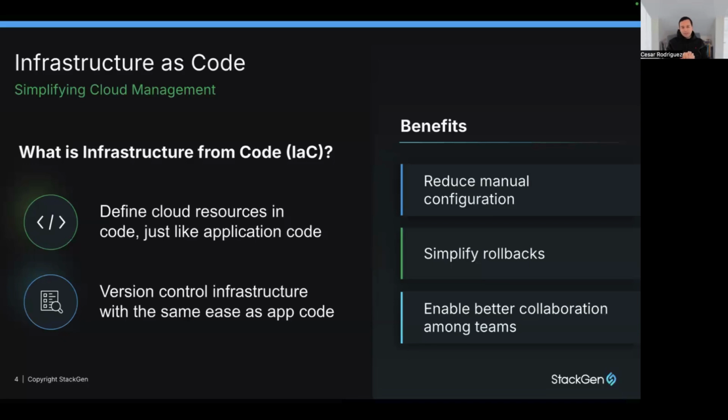And I'll give you an anecdote after the next bullet. So IfC enhances collaboration, so developers can focus on coding, while operations teams can gain better visibility and control over deployments. So here's the anecdote.